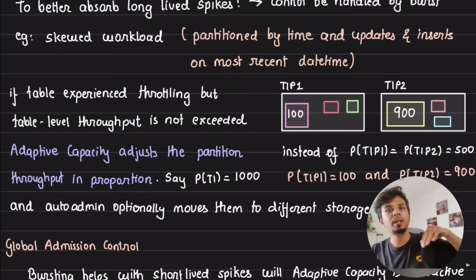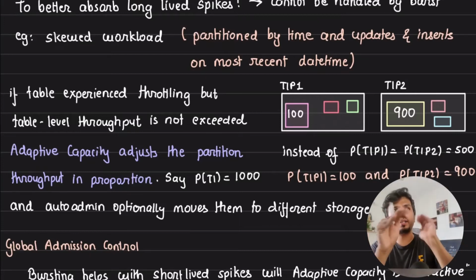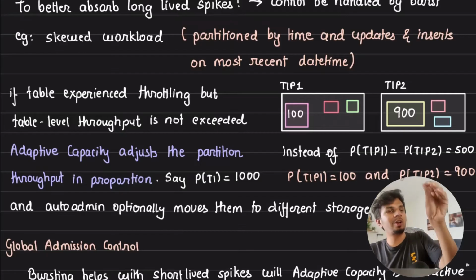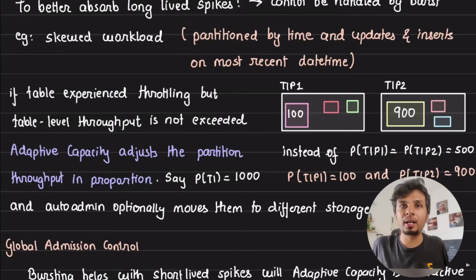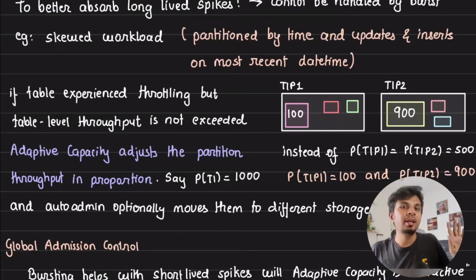Every day has one partition, and the data I write will be per day, all going to that one partition. I configure my throughput capacity to be, let's say, 1000. You would say I have configured my table capacity to 1000 writes per second, and I am writing on a per day basis.